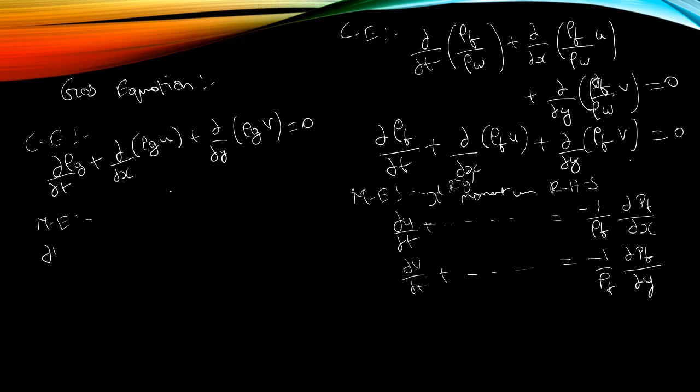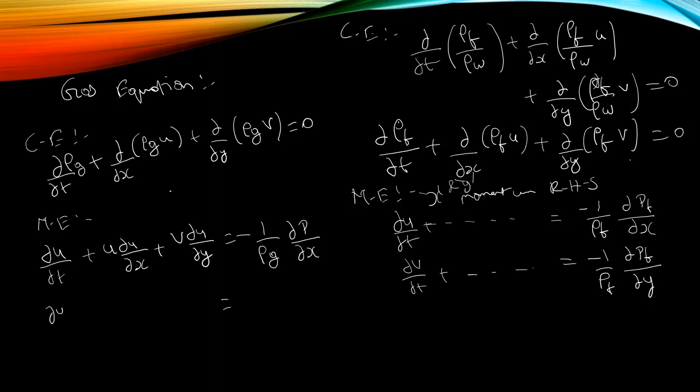It is also ∂u/∂t plus u ∂u/∂x plus v ∂u/∂y equals minus 1/ρg ∂p/∂x. Similarly, the same thing for the y component: ∂v/∂t minus 1/ρg ∂p/∂y.